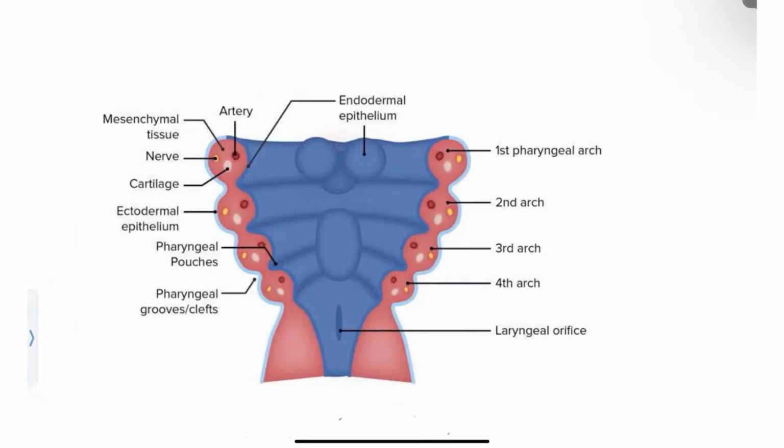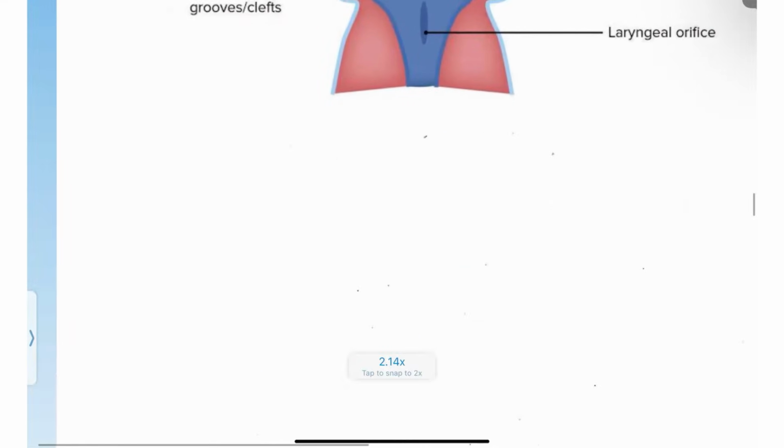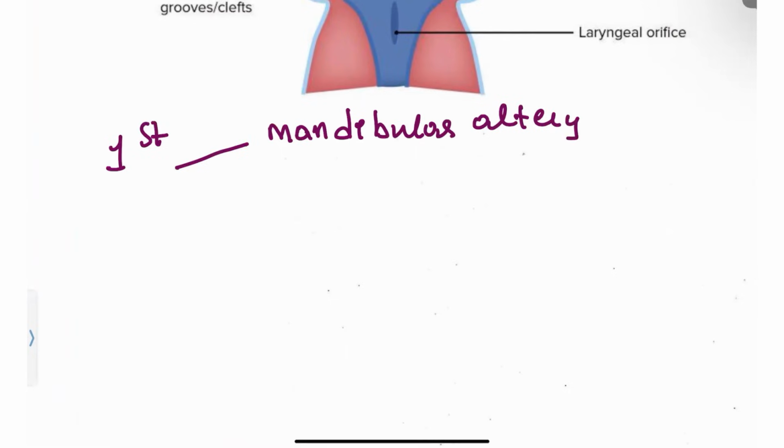In the pharyngeal arches, rather than remembering all the muscles and important structures, remember the nerve and the artery. In the first arch, there will be the mandibular artery, along with the maxillary nerve.